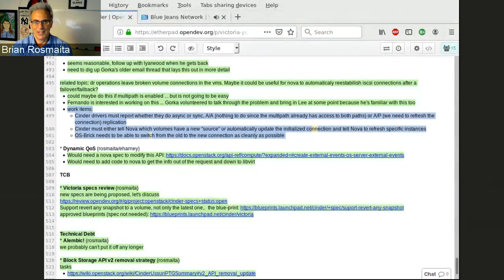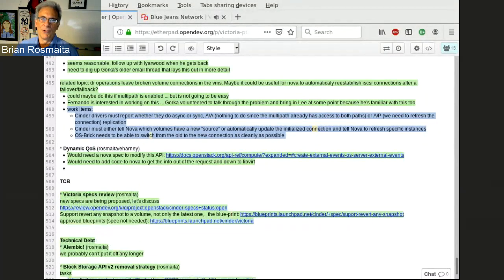So roughly, we can use the Nova external events API. I've got a link there at line 504 if you want to take a look at that. It's specifically to give services a way to communicate with Nova that Nova needs to take some kind of action for whatever the event is. So I talked with Gibby real quick.